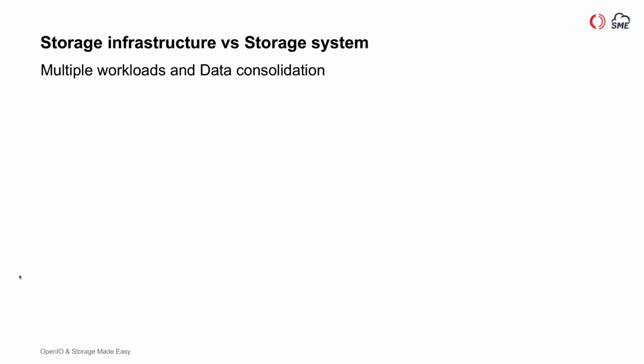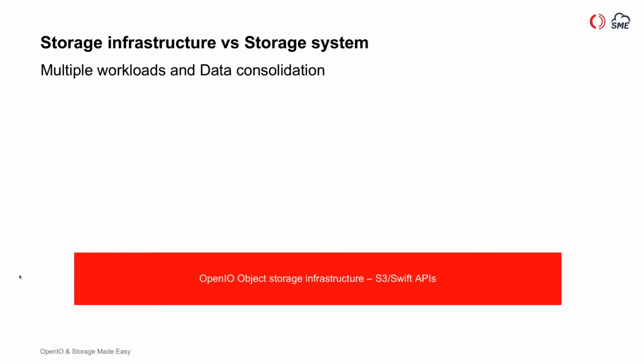So the difference between object storage and NAS or block devices is also around the fact that usually object storage systems are multi-tenant, so they can do a lot of things. In fact, we used to call them object storage infrastructures and not object storage systems, which probably gives less the idea of what you can do.